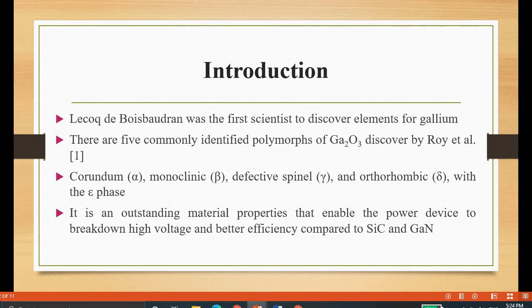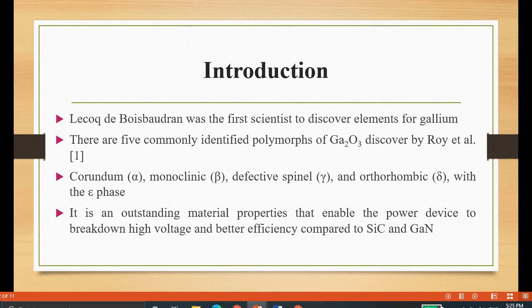Gallium oxide also belongs to the transparent conducting oxide semiconductor materials. Through further research and development, it has been found that it has five commonly identified polymorphs: alpha corundum, beta monoclinic, gamma defective spinel, delta orthorhombic, and lastly the epsilon phase of gallium oxide.